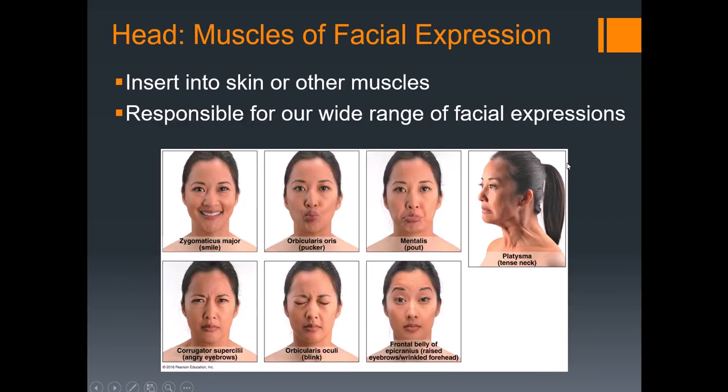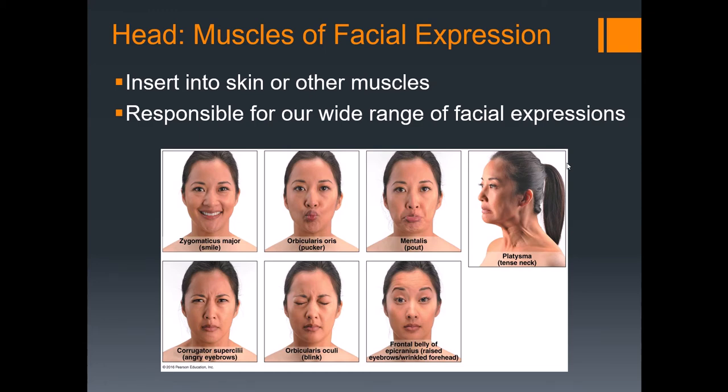The facial expression muscles have an interesting thing that other muscles don't have, in that they insert onto our skin or into other muscles. So they don't insert and attach to the skeleton that way. They might originate there, but they're going to insert onto skin or other muscles.